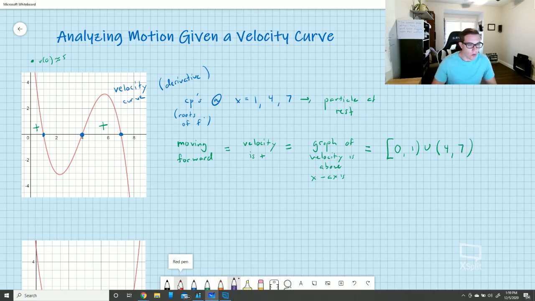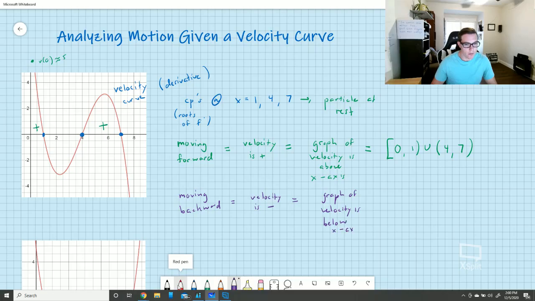Okay, so then when are we moving backward? We're moving backward when velocity is negative, which means the graph of velocity is below the x-axis.